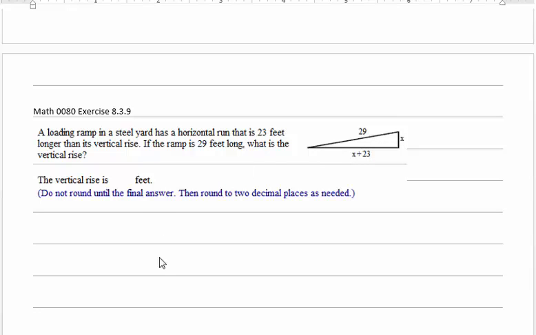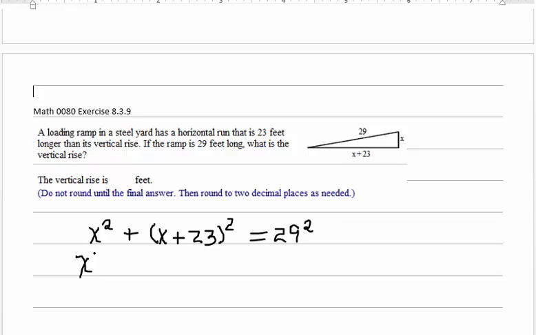So we're going to be using Pythagorean's theorem, which says if I square the legs, the two sides that form the right angle are called the legs. If I square the legs of the right triangle and add those together, that sum of squares will equal the square of the hypotenuse.